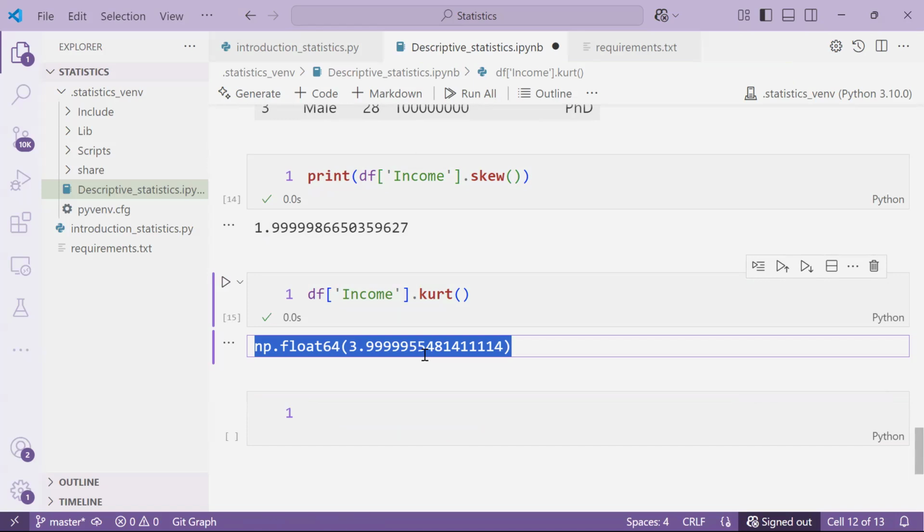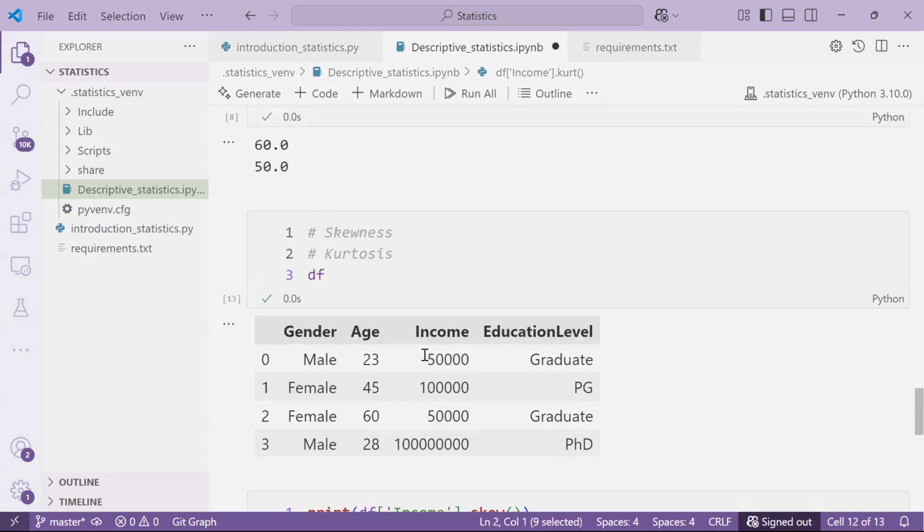Generally, if the value is between -3 and +3, the kurtosis is in a good range. If it is less than -3 or greater than +3, you could have a tailed distribution. That is how we can calculate skewness and kurtosis with NumPy and pandas.